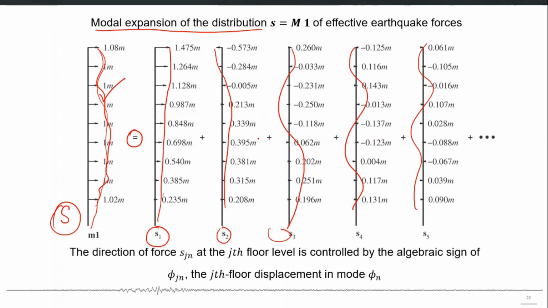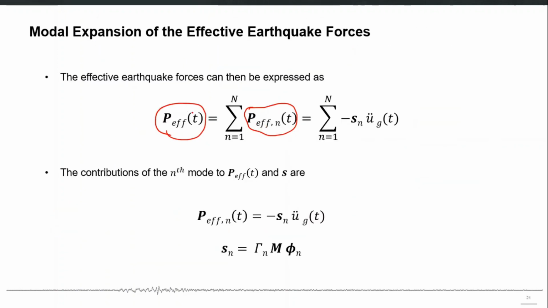This one. So now the total P effective is the sum of P effective n, where n goes from 1 to N, the number of mode shapes, and that can be again written as this one, because we already know that this P effective n can be written as Sn into Ug double dot, right?